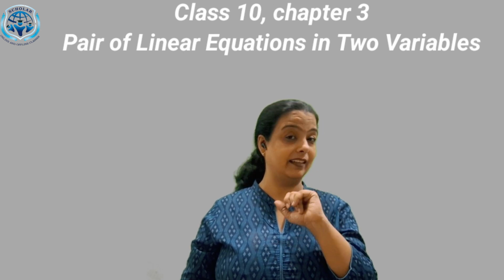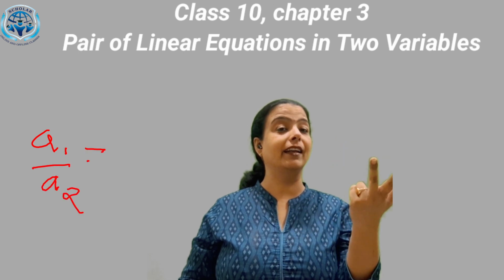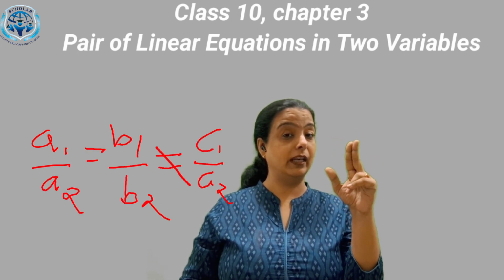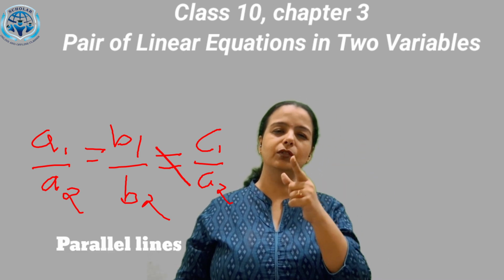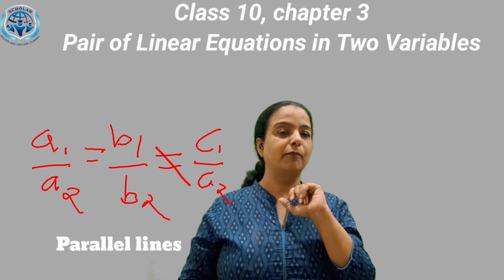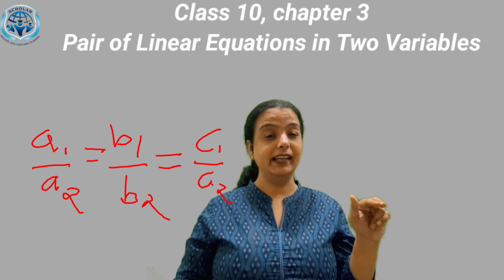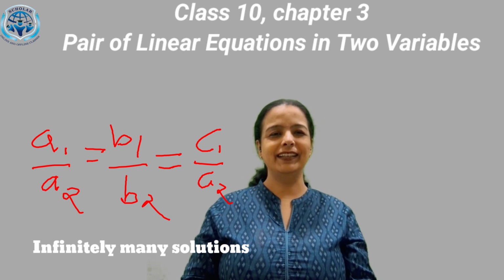That means the lines are intersecting. Okay, if they both are equal, then you need to find out c1 upon c2. If a1 upon a2 is equal to b1 upon b2 but is not equal to c1 upon c2, then you will get a pair of parallel lines. If it is equal to c1 upon c2, then you will get infinitely many solutions. Have you got my point?